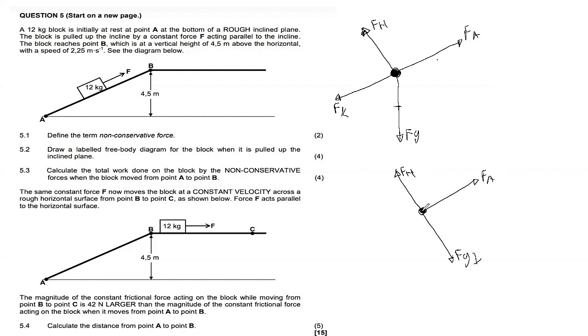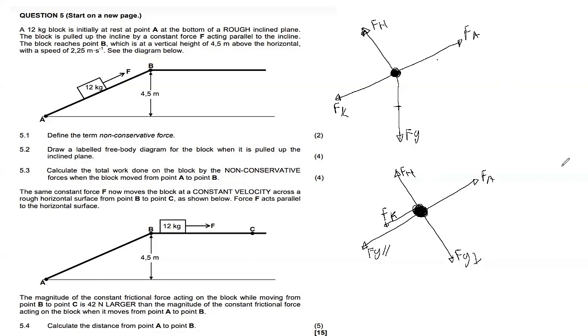And then down the slope is your FG parallel, which is another component of weight. And then down the slope again, let me just make this dot bigger, you'll have your kinetic frictional force. So you can either draw this one or draw this.